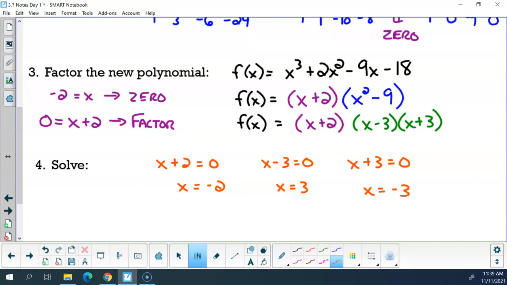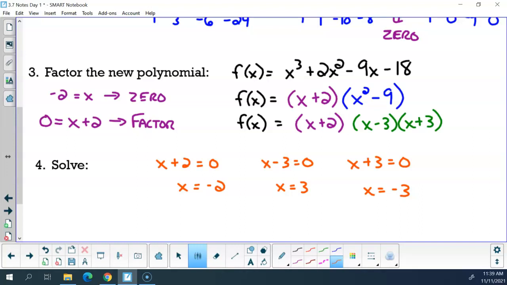Now, the nice thing is that we found negative 2 to be our first zero. Okay? And so then we went down this path. If we would have found positive 3 to be our first zero, we would have went down another path, but we would have ended up at the exact same spot. Or if we found negative 3 to be our first zero, we would have ended up in the same spot.